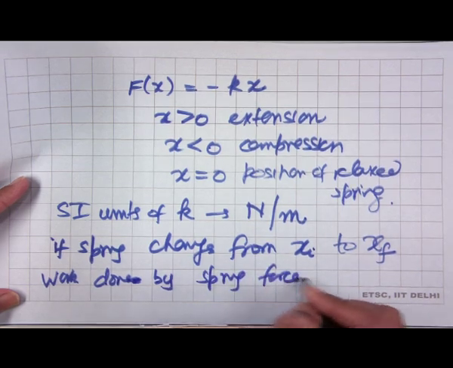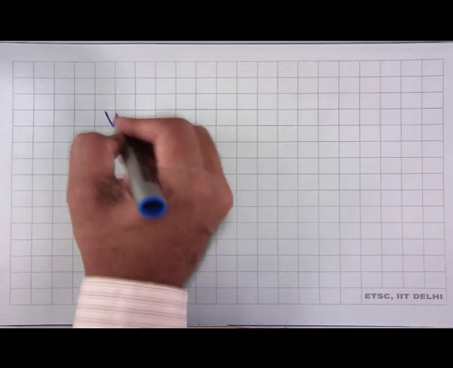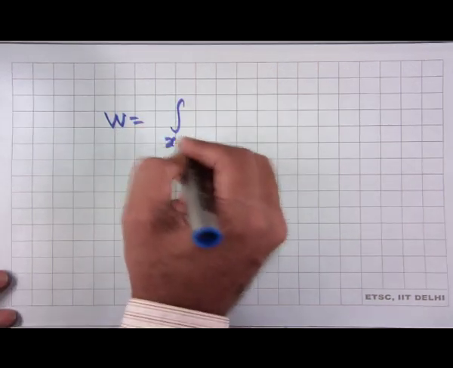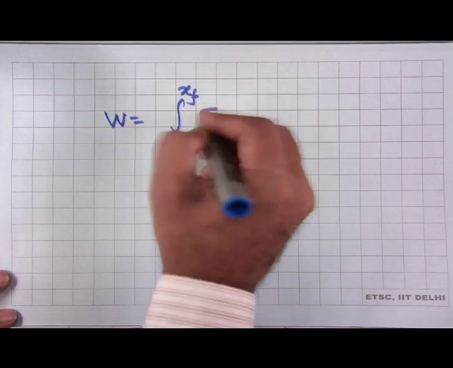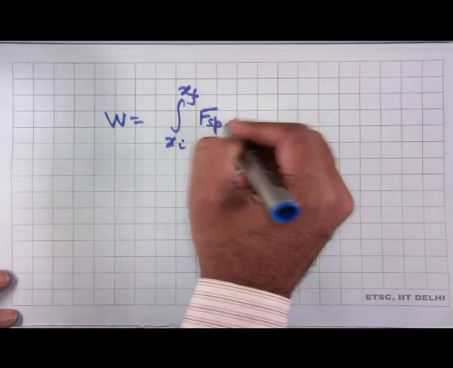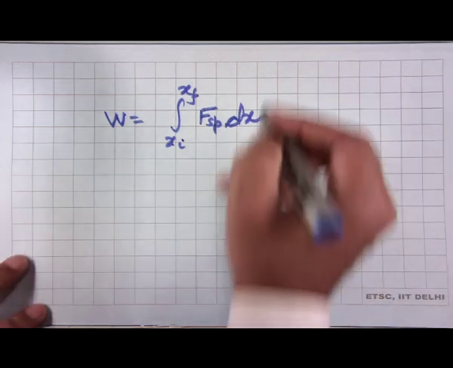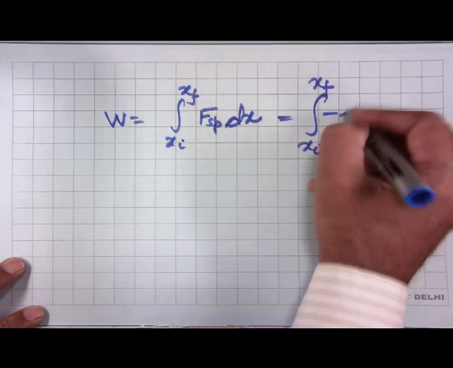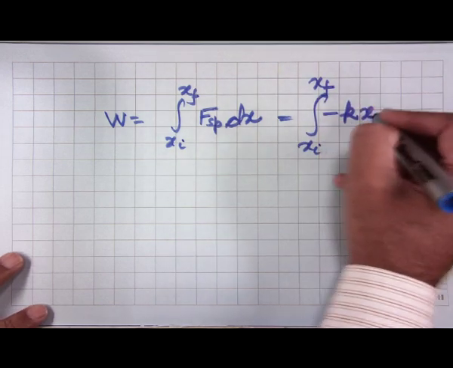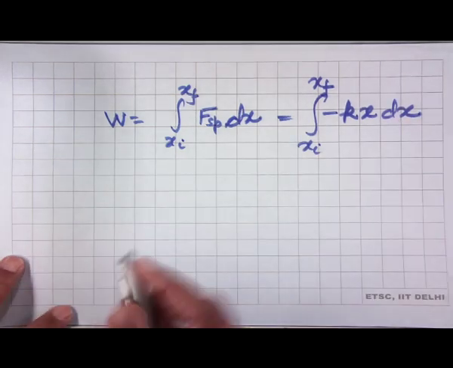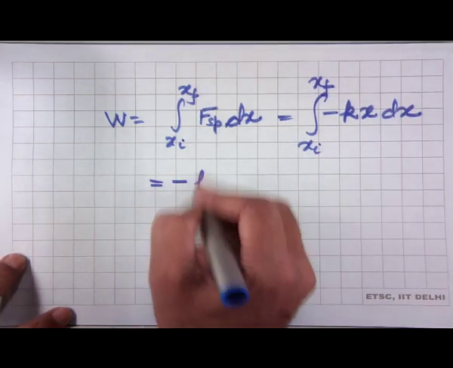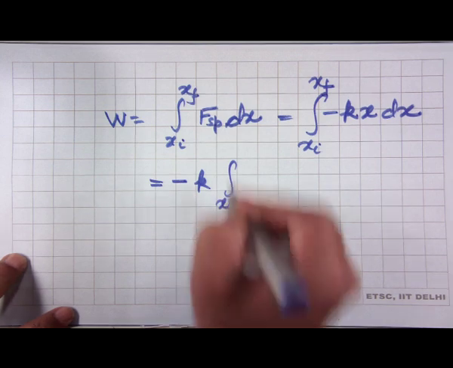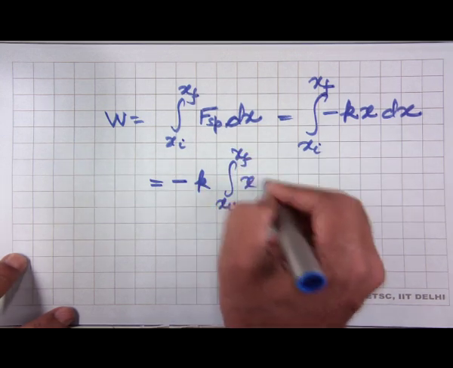the spring force will be equal to the integral from xi to xf of the force due to the spring times dx. So, this will be the integral from xi to xf of minus k times x dx. So, this becomes equal to minus k times the integral from xi to xf of x dx.